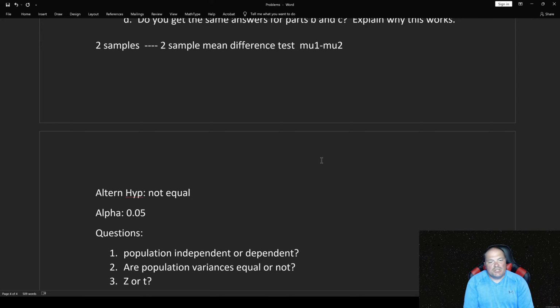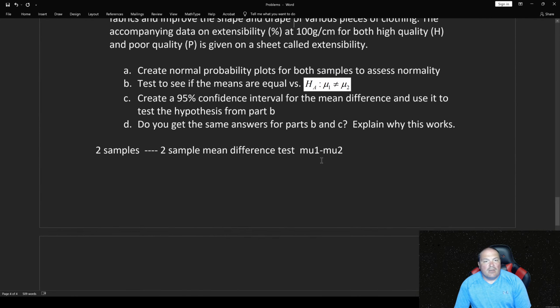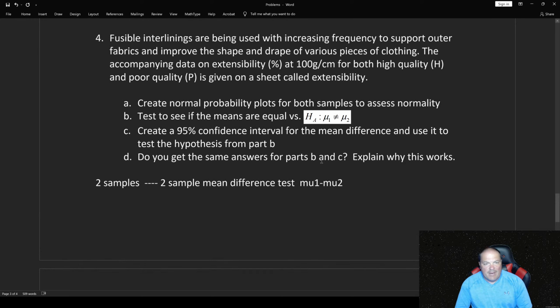The first thing we should do is decide whether the populations are independent or not, and we do that by going back to the question. In order for a population to be dependent, the experimental unit doesn't change between treatments. You see a lot of clinical trials where this happens because you're dealing with people, so you apply both treatments to the same person.